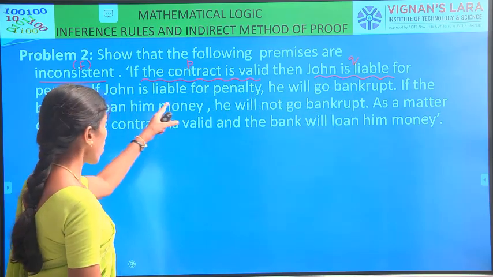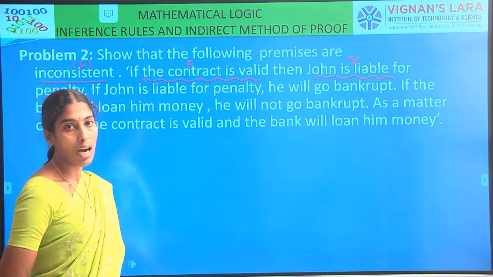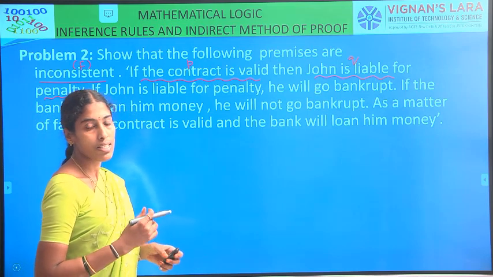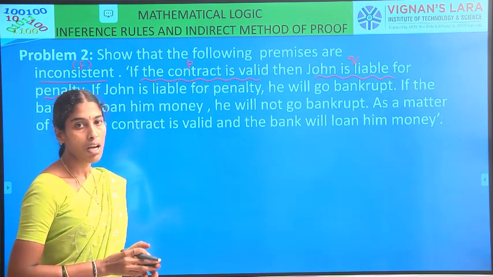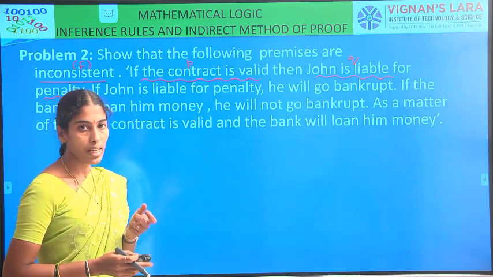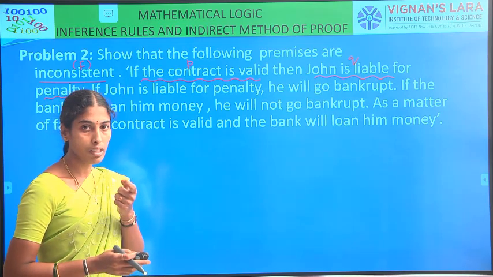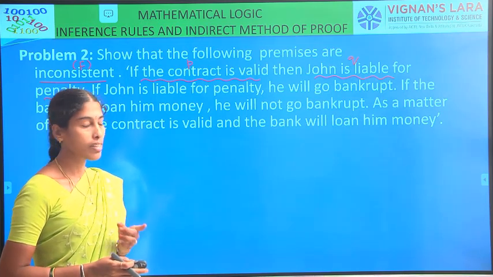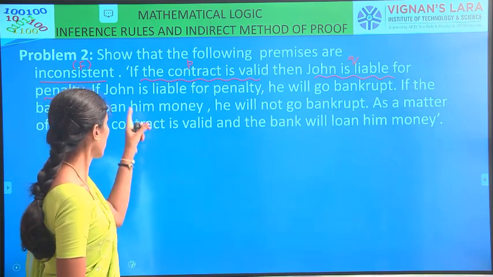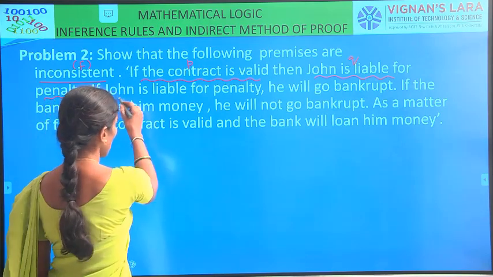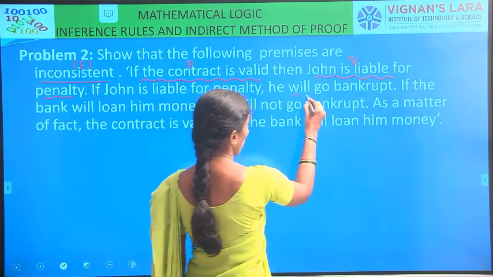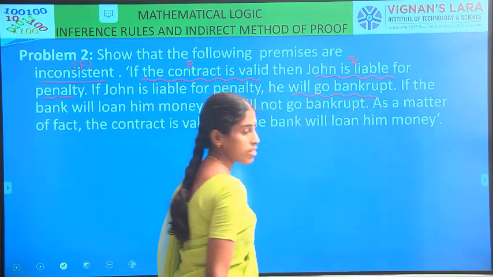Next, if John is liable for penalty, already I said clearly in the last class, whenever the same sentence is repeated, or repeated with the negation, otherwise the word not, we can't represent it twice. Only a single time we need to represent. Already John is liable for penalty is represented by Q. He will go bankrupt is a different sentence.